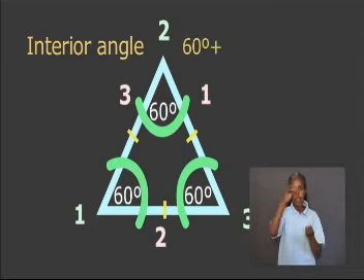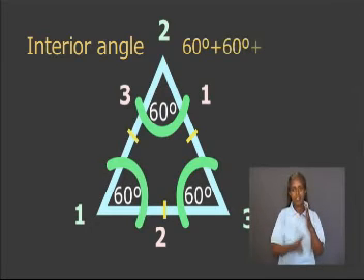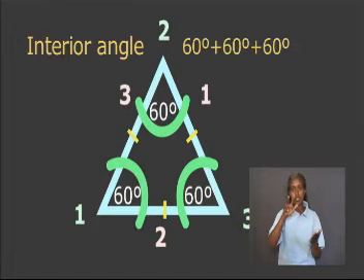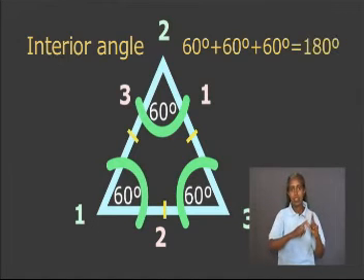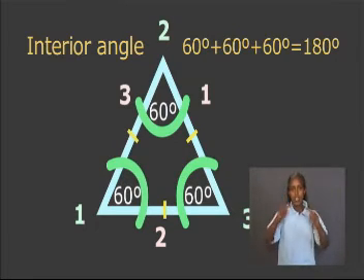Add up the number of degrees of those three interior angles to get 180 degrees. The sum of the measures of the three interior angles of any triangle is 180 degrees. That is some basic information about polygons.